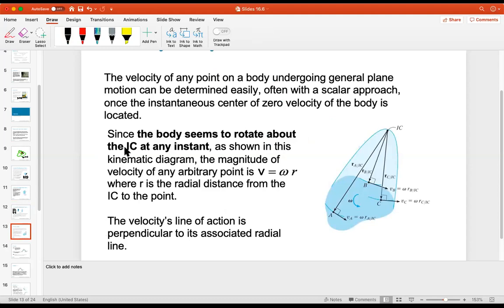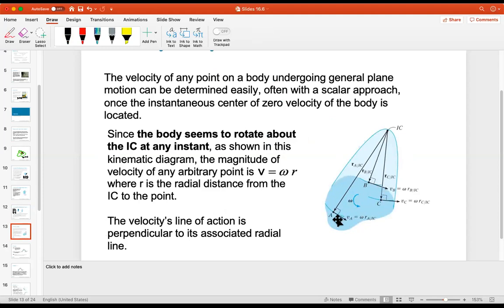This is really saying the exact same thing, that about the instantaneous center, the object looks like it's undergoing a pure rotation, so that for any point in the object, its velocity is r omega when you write it out with scalar quantities. And they have an example here.